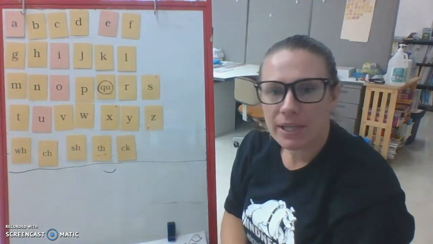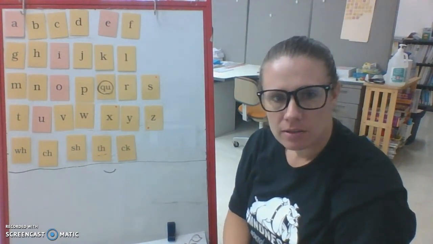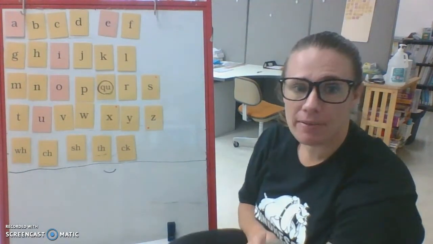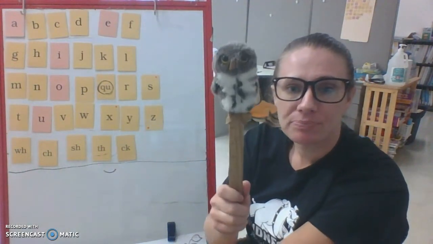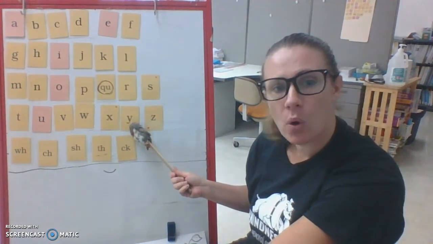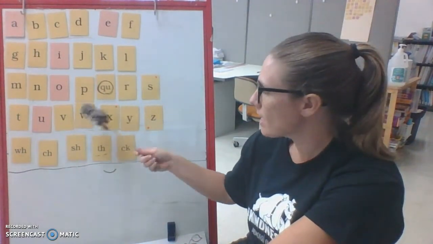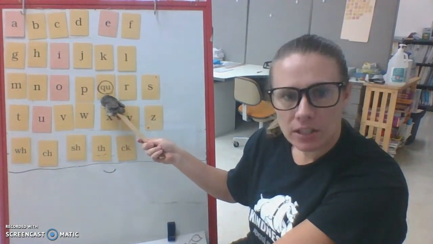Okay, we're not going to build any more words today, but we are going to search for some sounds. So just point and tell me the letter's name after I say it. Y. Letter's name? Y. Point to Qu. Letter's name? Q-U.